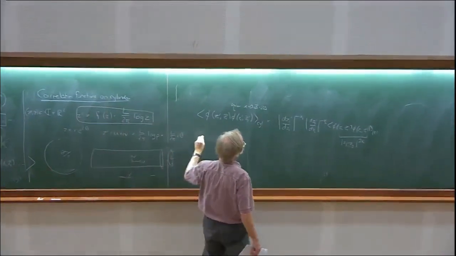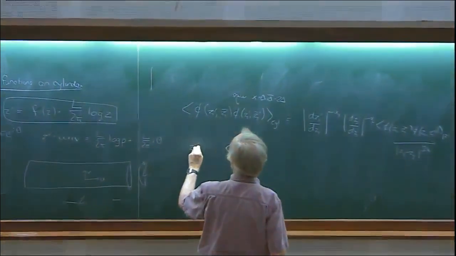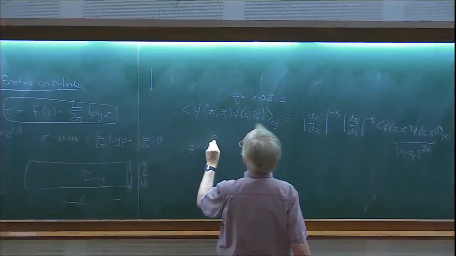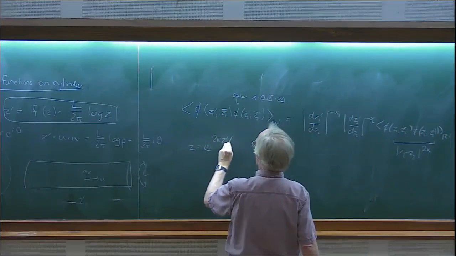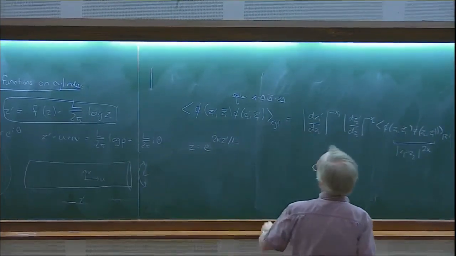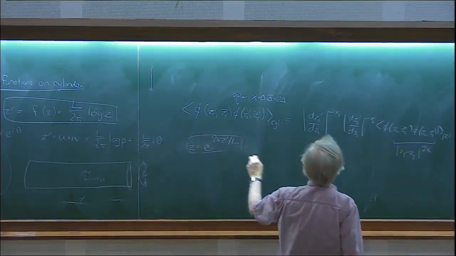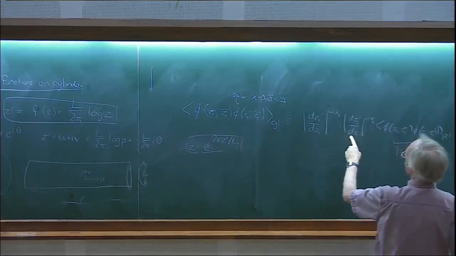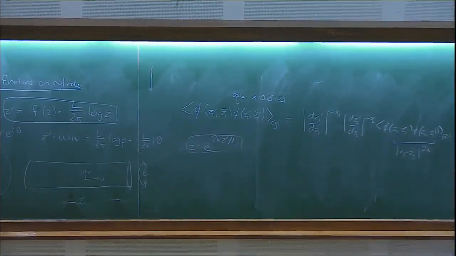We therefore know z as a function of z prime. It's e to the 2 pi z prime over L. So we can plug this into here. We can plug it into the Jacobian and then just do the algebra.